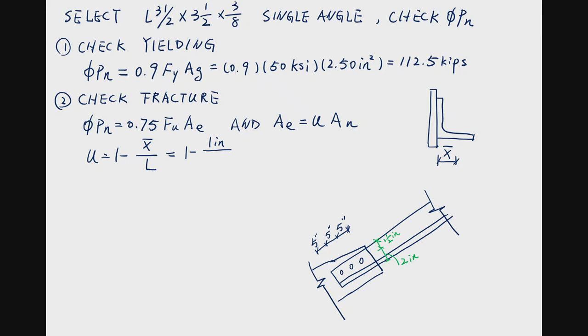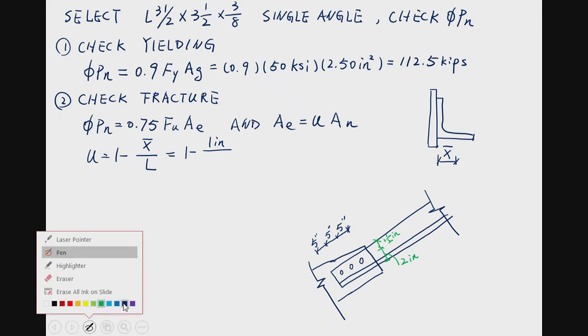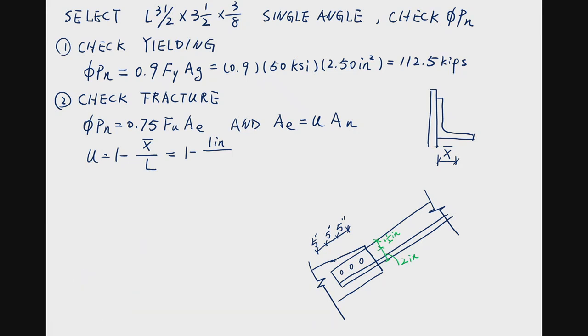And then the length L is the length of the connection. Based on our design, the length of connection is 10 inches. So U is equal to 0.9.